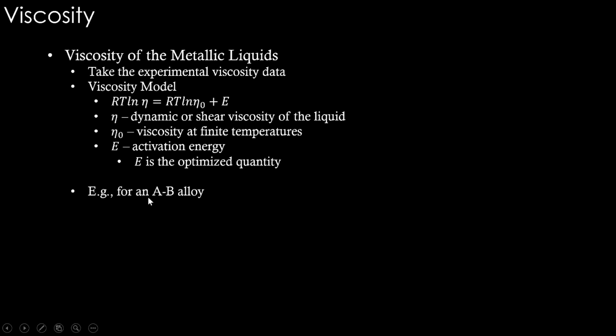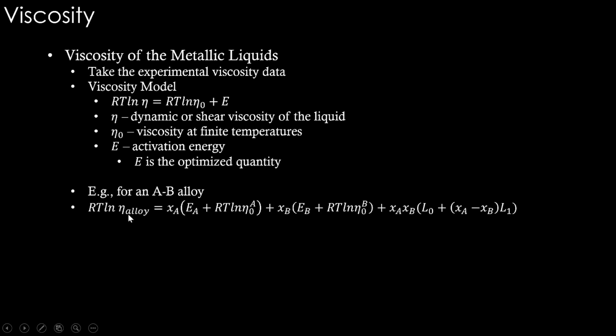For example, for an A-B alloy, okay, RT ln η_alloy is equal to X_A multiplied by E_A plus RT ln η₀_A. So it's only for A here. Then similarly for B here. Then this L0 and L1 come, which are the Redlich-Kister parameters, and this is for the interaction effects.